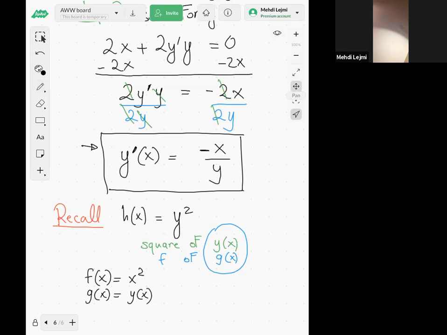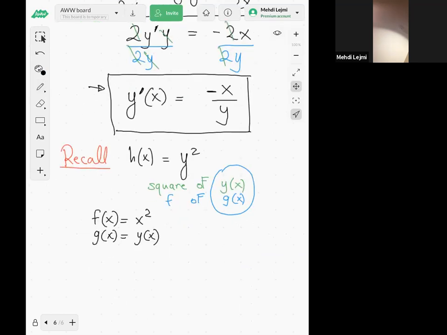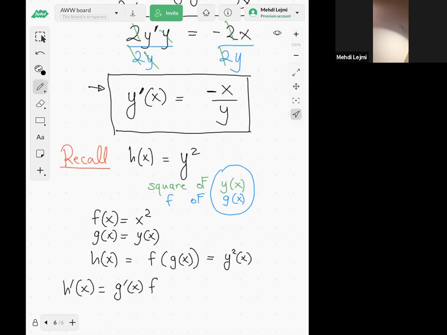Okay, so then your h is just f of g, right? It's y squared. And so your h prime is g prime times f prime of g.